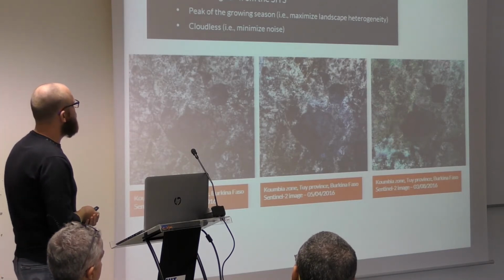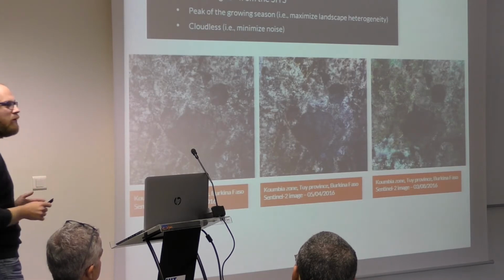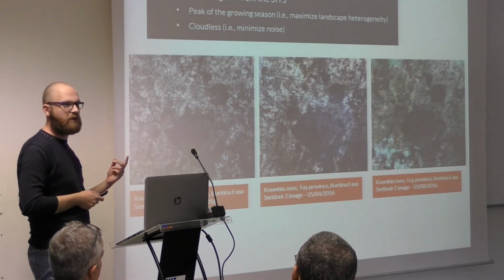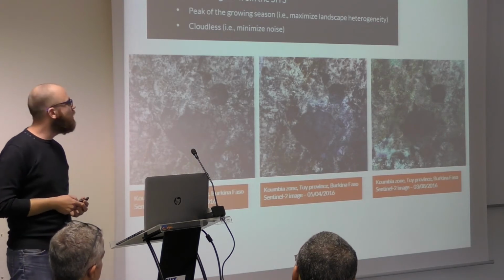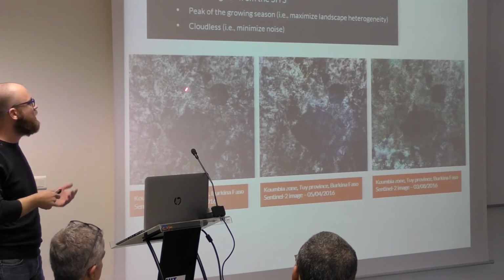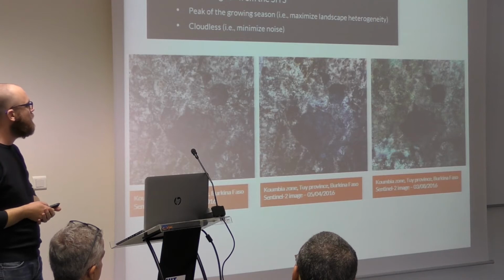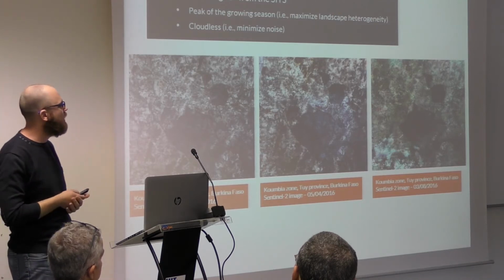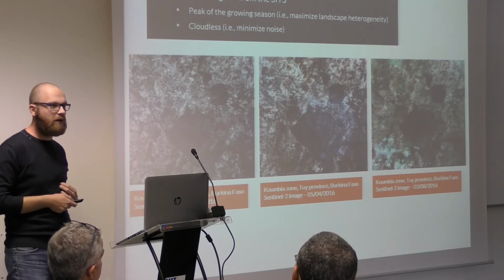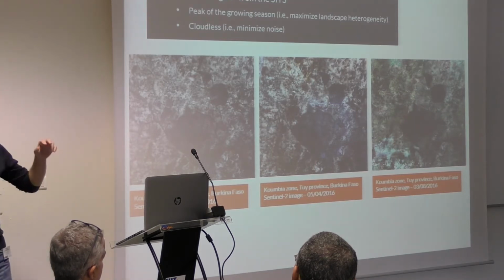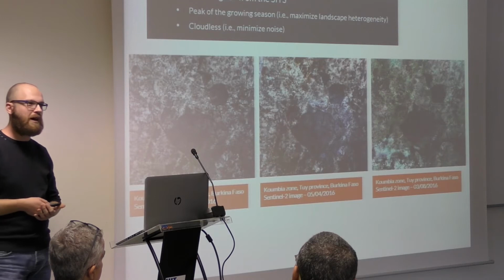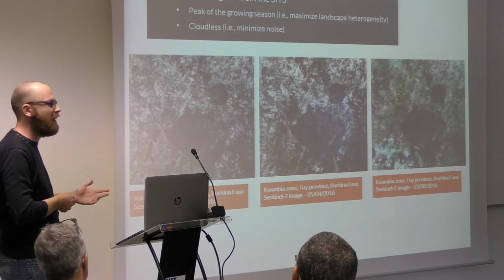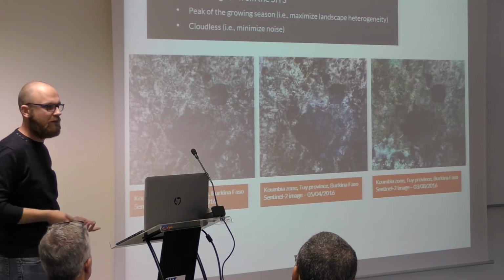So what's the point? In this case, to minimize the noise, we do just one segmentation for the time series, which is done on an image of the series that we call S star, that can be selected, for example, as the peak of the growing season, so when the heterogeneity is maximized, and when the weather is good, so there are no clouds, because the problem with optical satellite images is that if you have clouds, you are going to see nothing, okay?